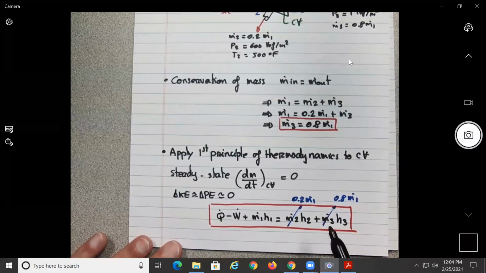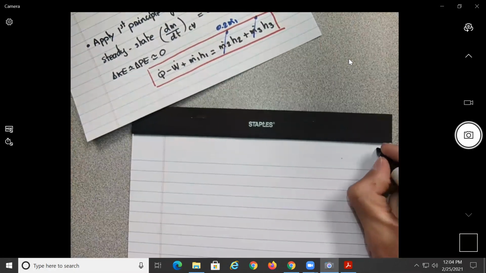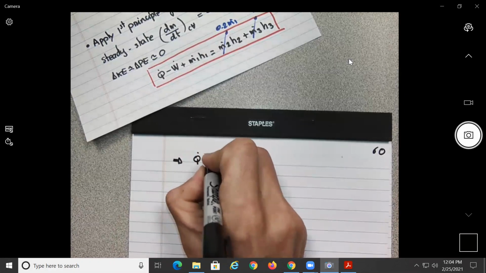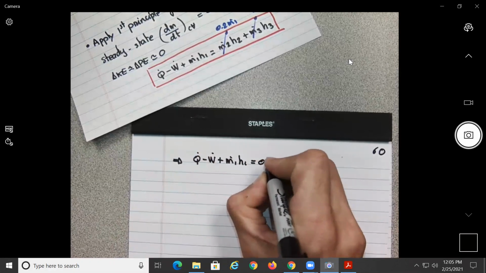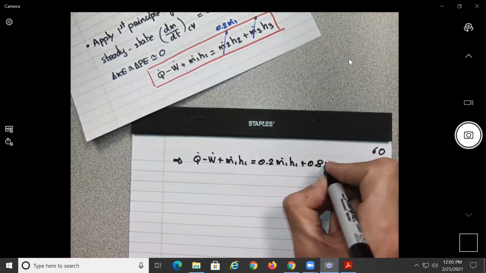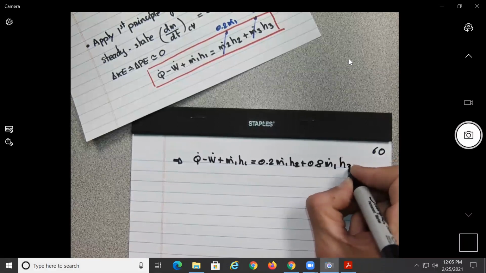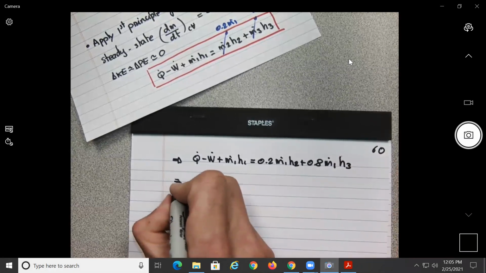So that means we can rewrite that equation as Q dot minus power plus m dot 1 h1 equal to 0.2 m dot 1 h2 plus 0.8 m dot 1 h3. So we need to solve for m dot 1.